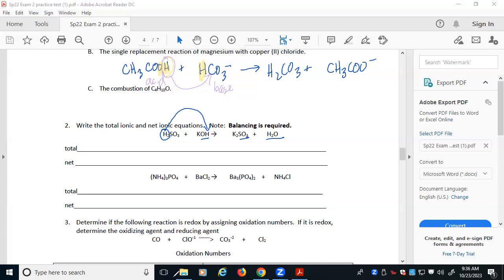So this particular concept of acids and bases, we kind of set you up here. That compound there, the CH3COOH, that is acetic acid in its molecular structure.